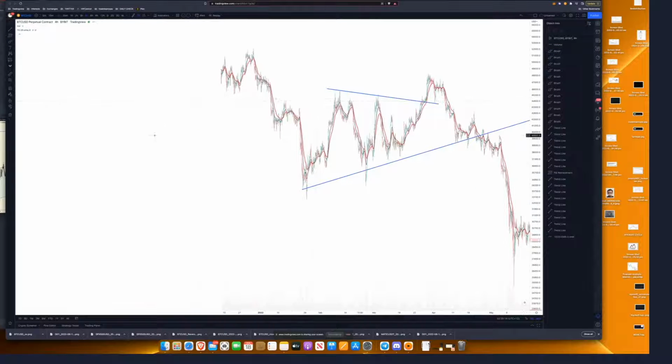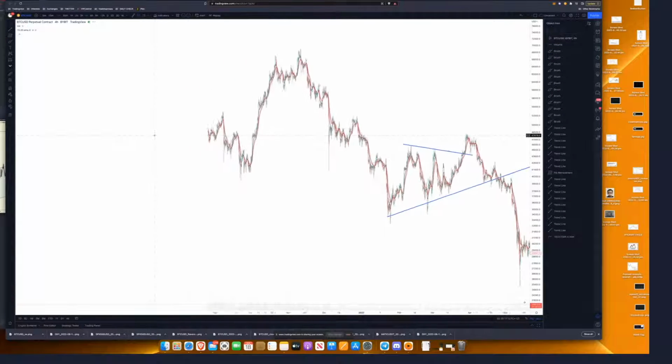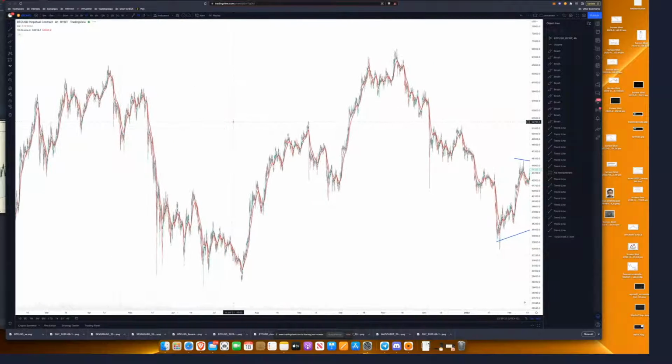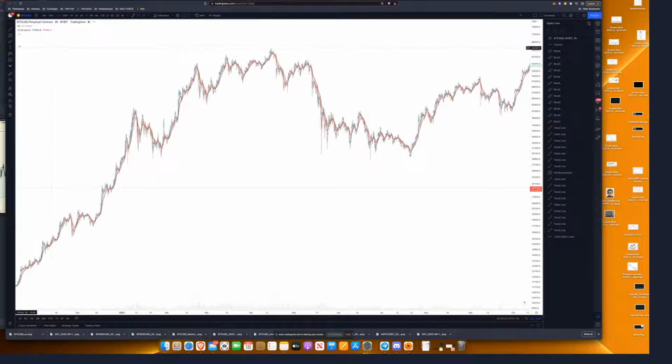Bitcoin back here. Whenever you see higher highs, so we've got a high and a slightly higher high and a slightly higher high, and you can see that there's not much in there, and that's an ascending wedge.